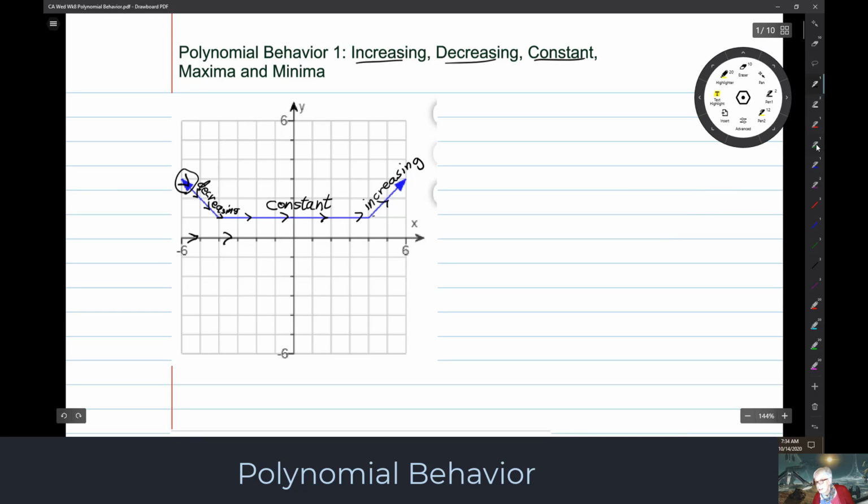Let's let increasing be green. So I'm going to make this part of the arrow green. And the part of the x-axis that goes along with increasing is this part right here. Make it a little thicker.